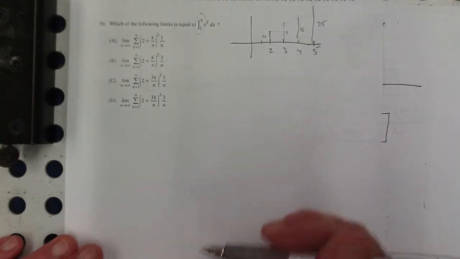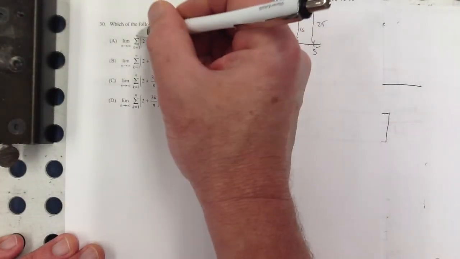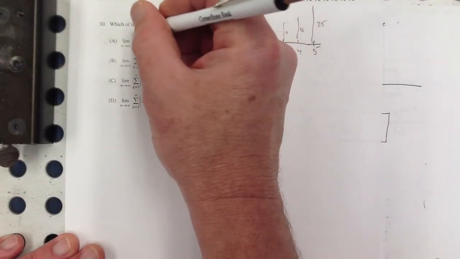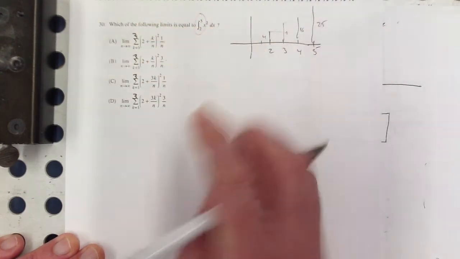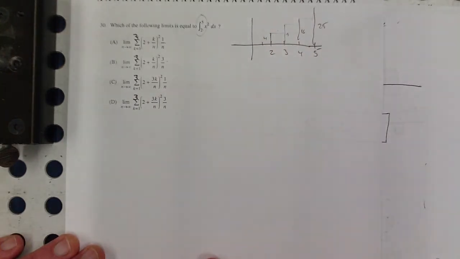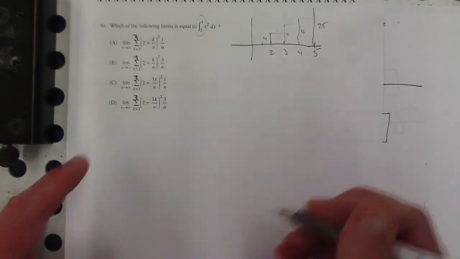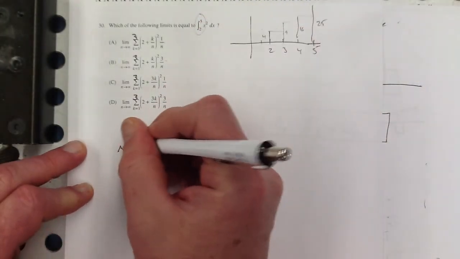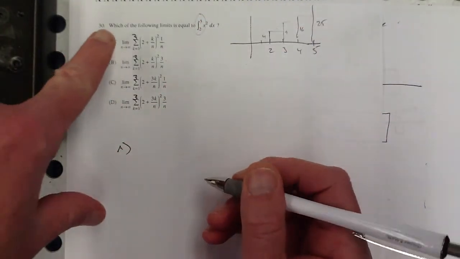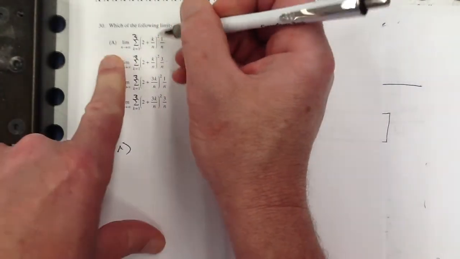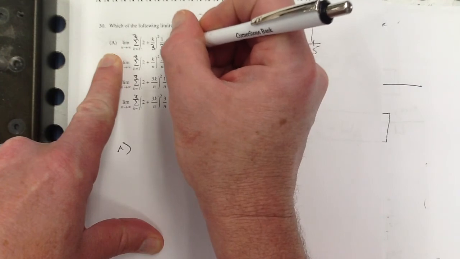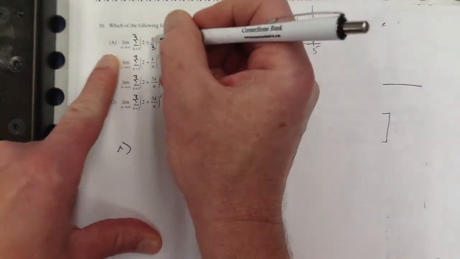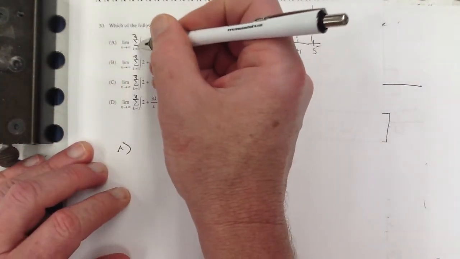So what I'm going to do is go from 1 to, not n, but 1 to 3, and see which one of these expressions matches up to give me a rectangular sum that makes sense here. Okay, so for A, if I'm just going from 1 to 3, so n is equal to 3, then k is going to tick from 1, 2, 3.